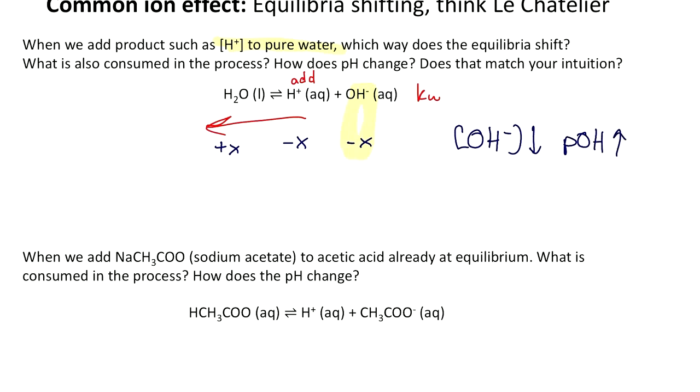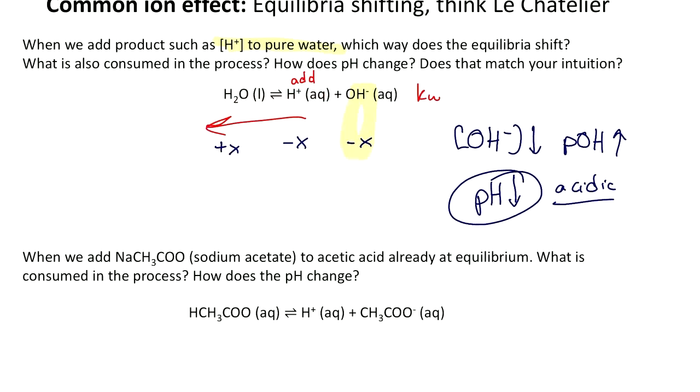It goes up. And if pOH goes up, how does the pH change? It goes down. And what does that mean when your pH goes down? It gets more acidic. So see how using Le Chatelier's principle, common ion effect, and shifting also matches our intuition. You add acid to pure water, it becomes more acidic, but really it's because you're disrupting your KW, or your water equilibrium.